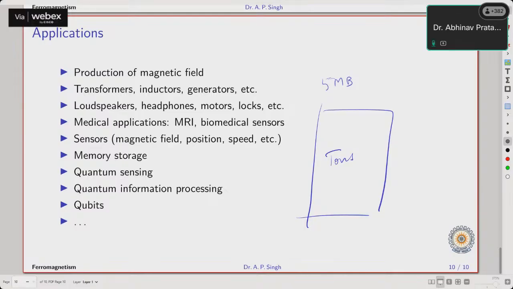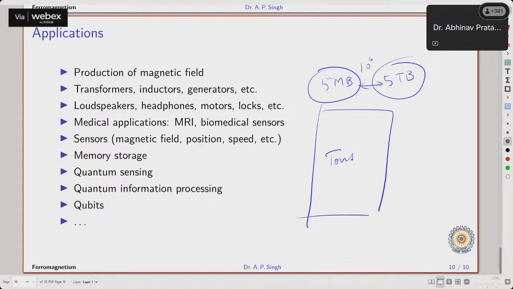People used to use cranes to transfer these memories, first onto an airplane, then that airplane used to take those memory components to another place. 5 MB, just 5 MB. And right now we are talking about, let us say, 5 TB. Just imagine the difference between these two things. 10 to the power 6 order of magnitude.